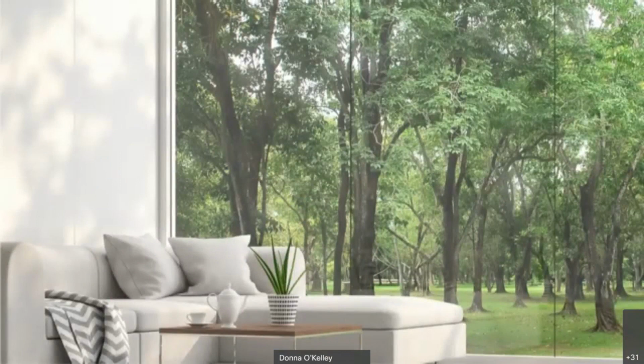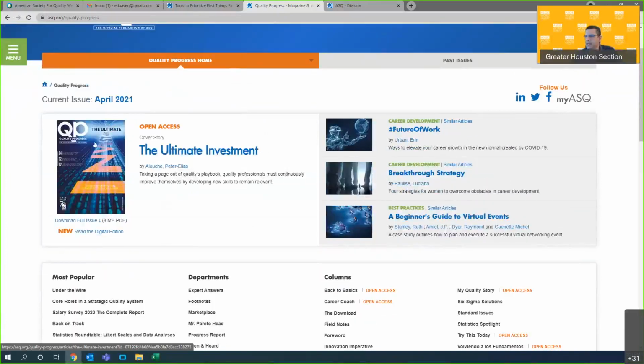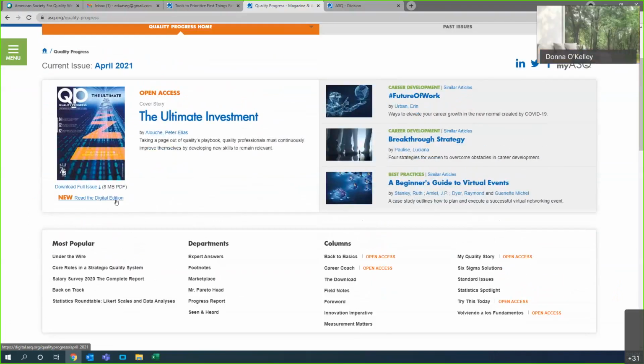I will share my screen and you guide me to that. And people can see how you can access your latest issue of the magazine. Yeah, I was able to get it once I logged in.